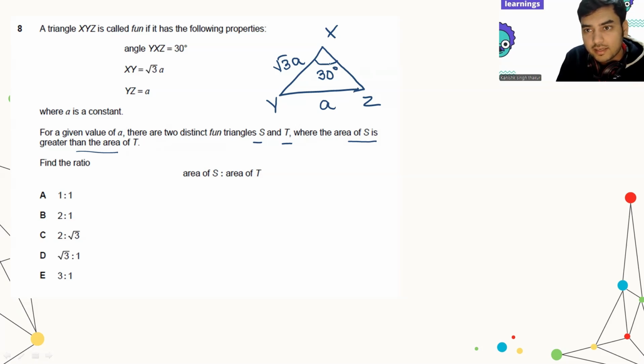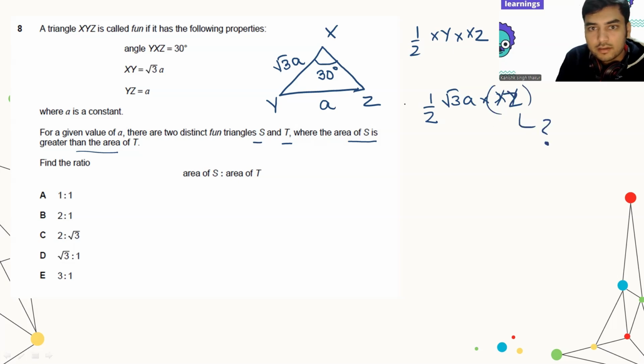So XZ, how can I get it? With the cosine rule, right? See why I am saying this. If I have to write the area, I write half XY times XZ, isn't it? XY is root 3a and XZ I don't know, so I have to get XZ anyhow.